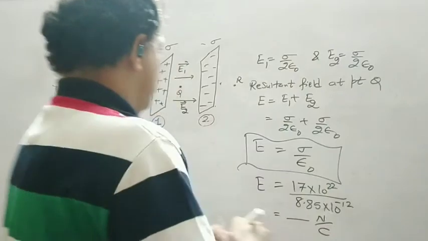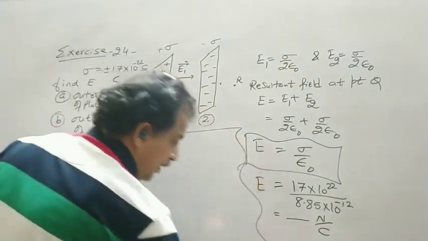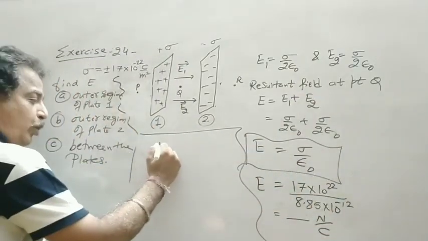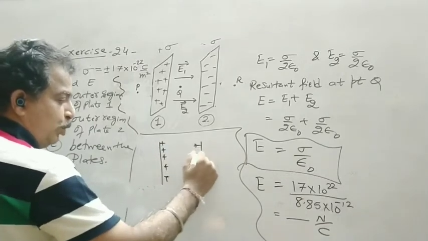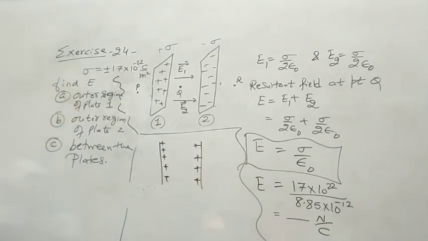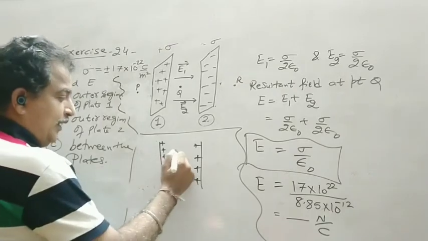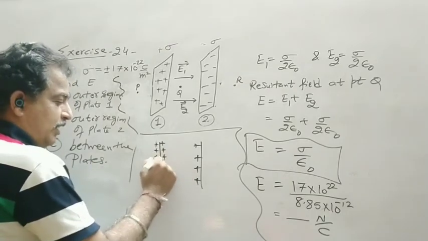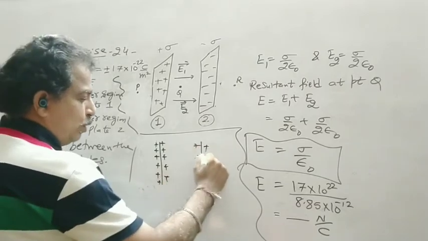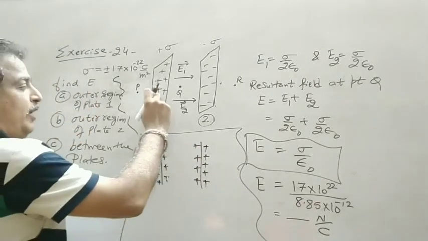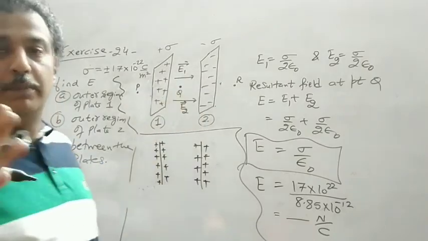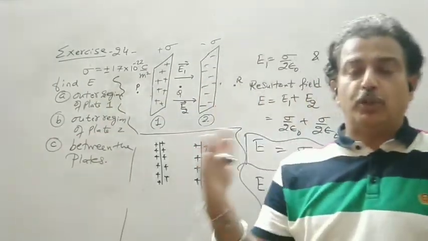Now, to complete our question, suppose both the plates are positive. What will be the intensity at this point? This is positively charged on both sides. This is also positively charged on both sides. Here they have given one is positive, one is negative, but it may be possible that both are positive or both are negative.